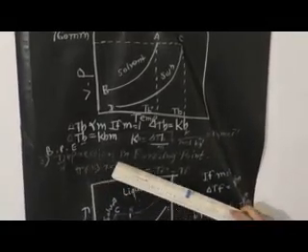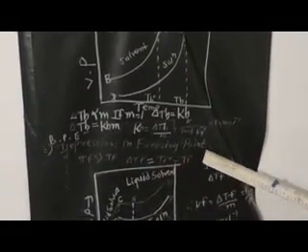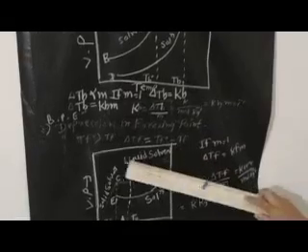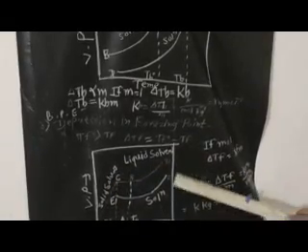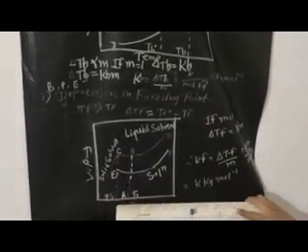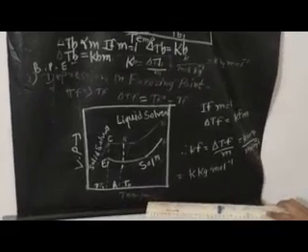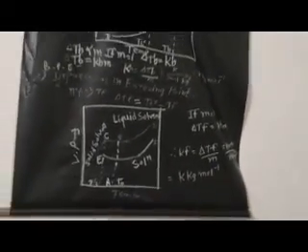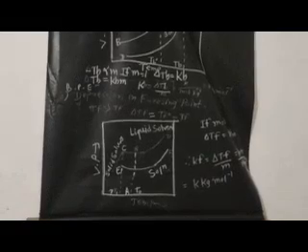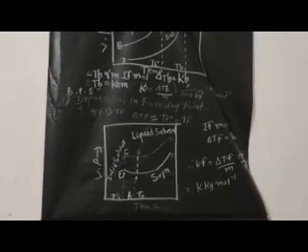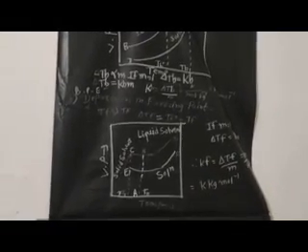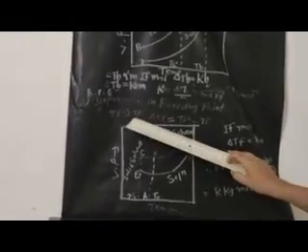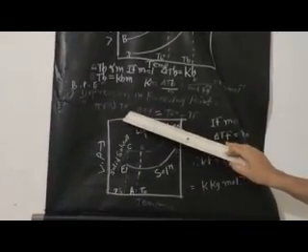Next point is the depression in freezing point. Here is the graph of vapor pressure versus temperature. In the graph, Tf⁰ is greater than Tf.